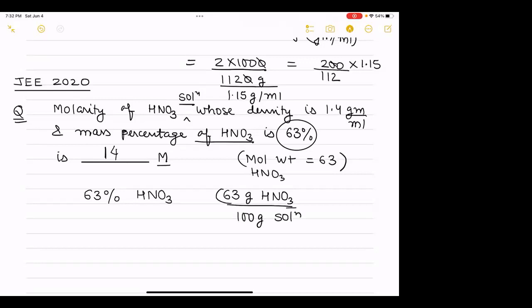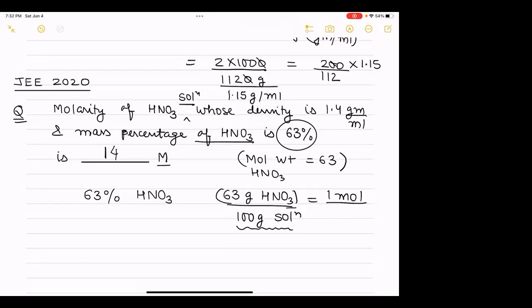This is 63 gram because the molecular weight is 63, so 1 mole. For molarity we need to have mole in the numerator, and in the denominator you need to have the volume.